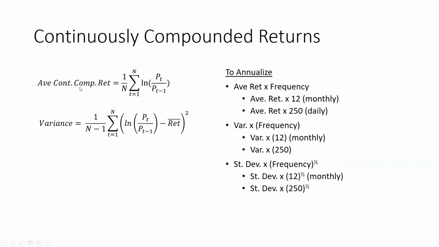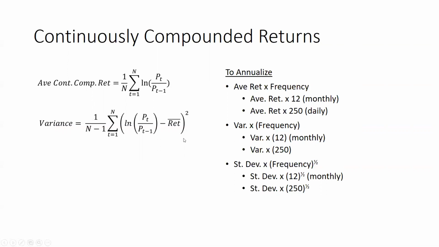So if you're talking about continuously compounded monthly returns, to annualize it, just multiply by 12. If you're talking about continuously compounded daily returns, just multiply by the number of days in a year, which we usually estimate at 250.